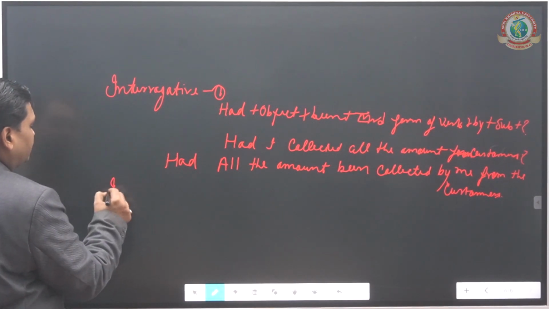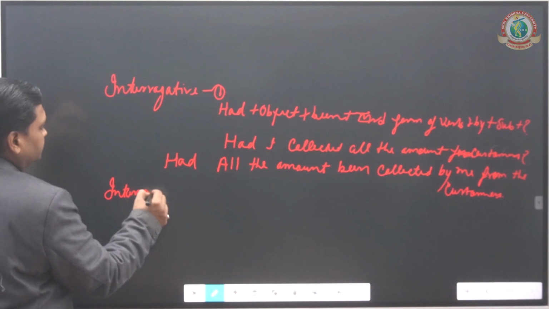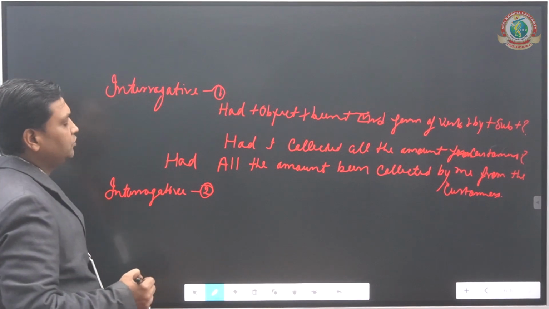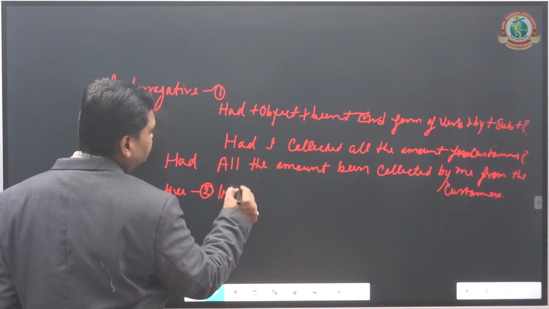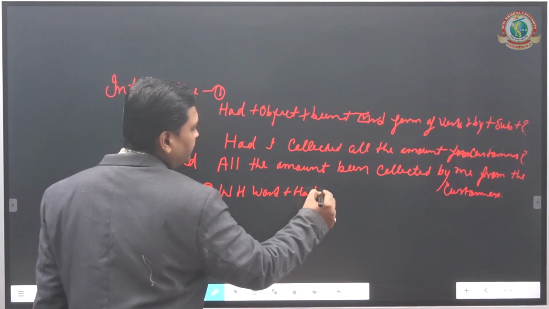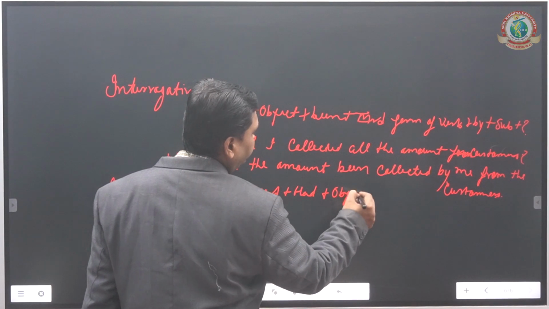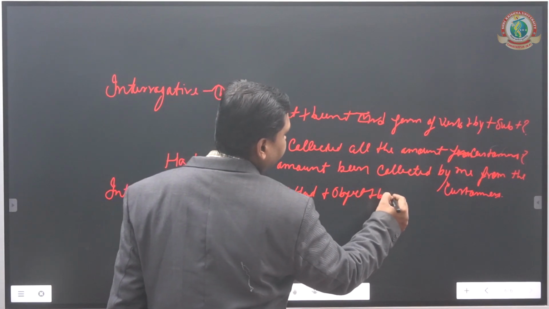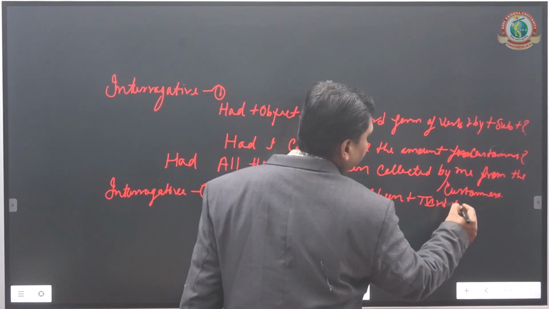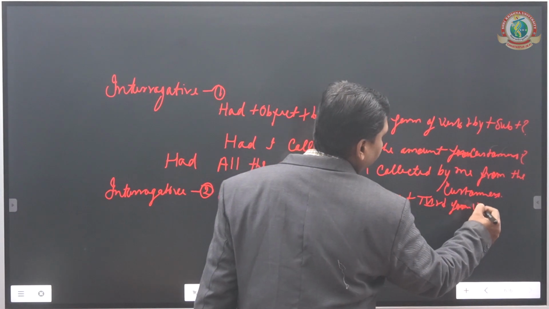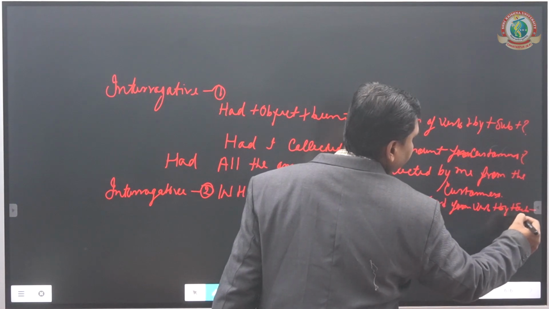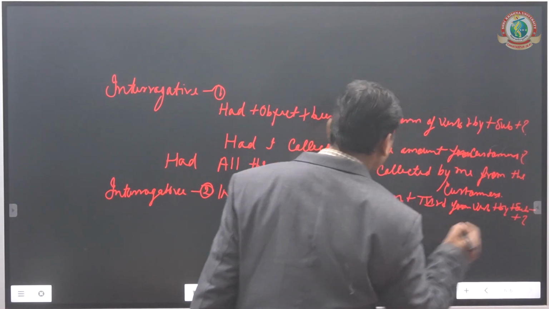After that, interrogative number 2. In interrogative number 2, we will put the WH word plus had plus object plus been plus third form of verb plus by plus subject plus question mark.